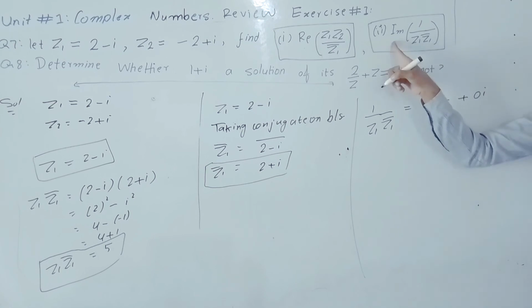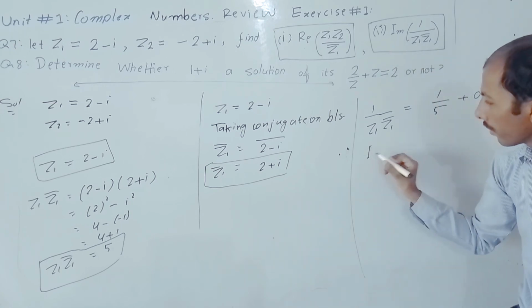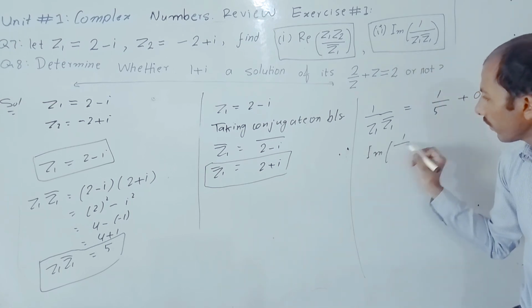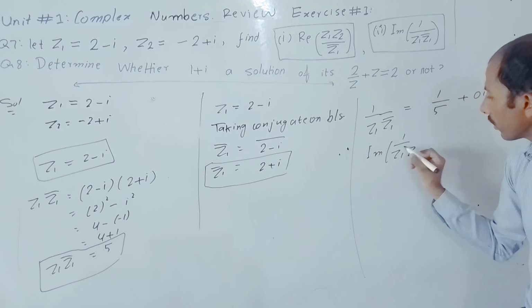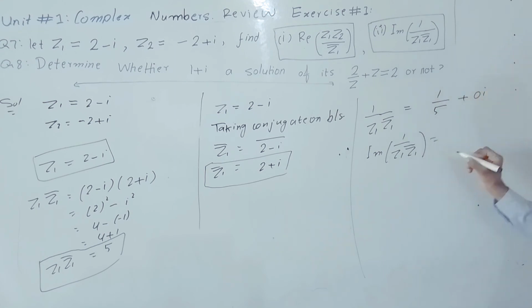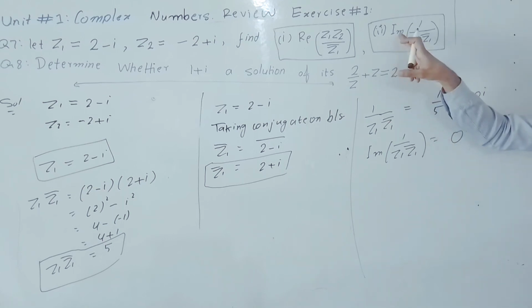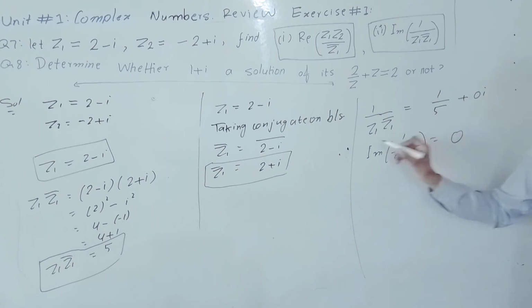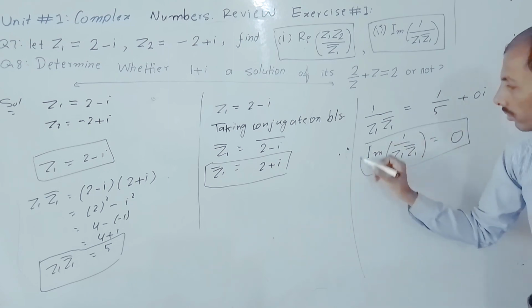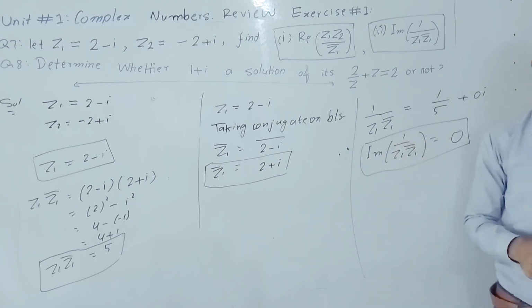So imaginary of 1 divided by z1 conjugate of z1 is equal to 0. So 0 is imaginary and 1 divided by 5 is the real part. So part number 2, check the imaginary part. So imaginary part is equal to 0. Hence proved.